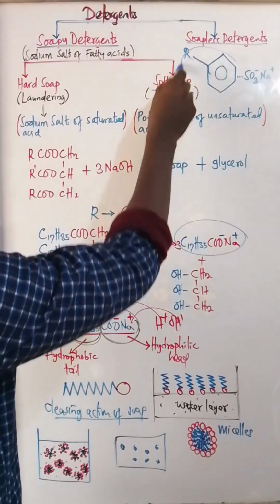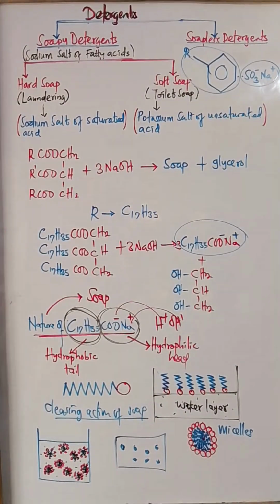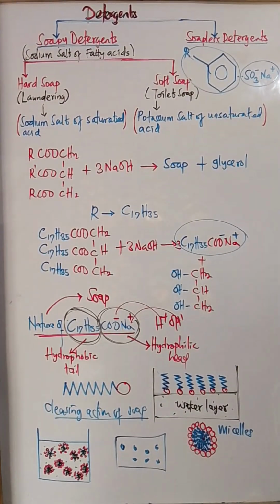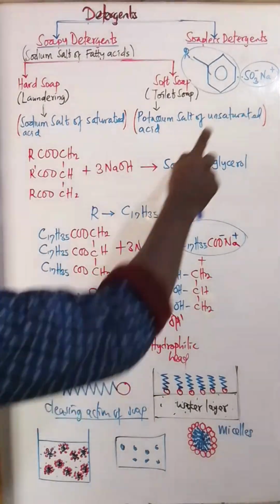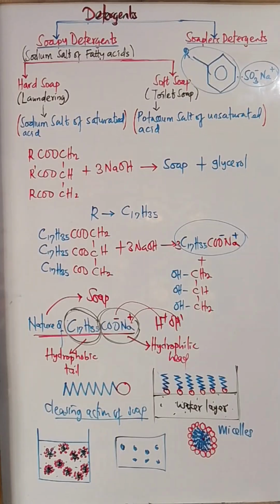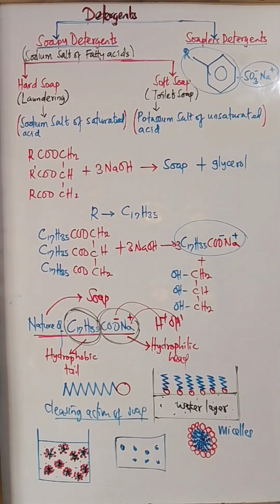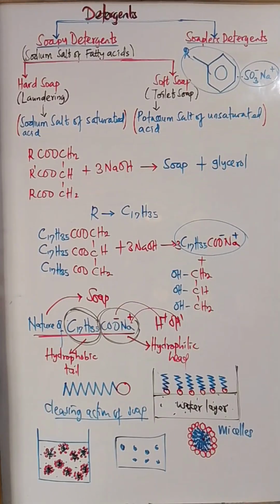So this is the tail, and this is the head, and they have very high solubility because of the nature of their head. In fact, sometimes even the head can be neutral for soapless detergent. Sometimes they are referred to as synthetic detergent, mainly because their raw materials are petrochemicals from refined crude oil.